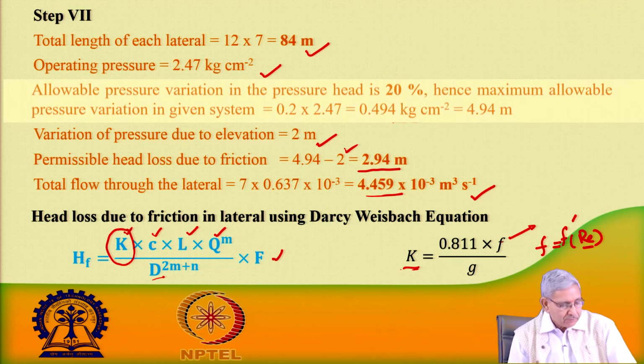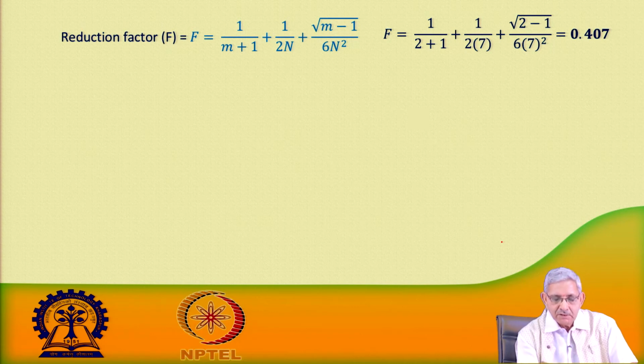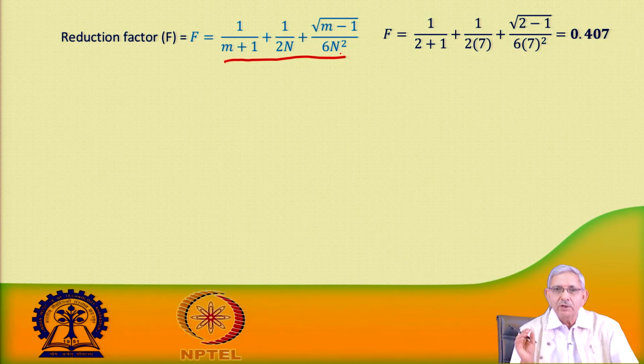So, we will be using the appropriate value of F, which one has to compute either by using the Moody diagram. Another capital F is the reduction factor for the Darcy-Weisbach equation. First of all, this is a general equation when the sprinklers are equally spaced.